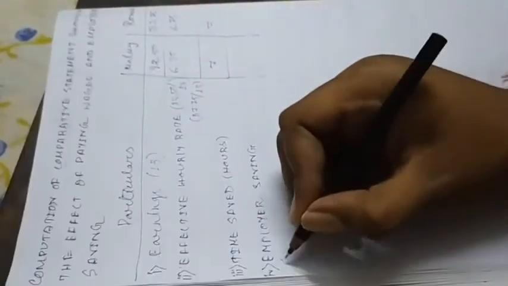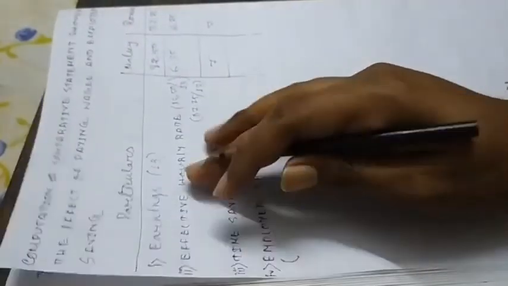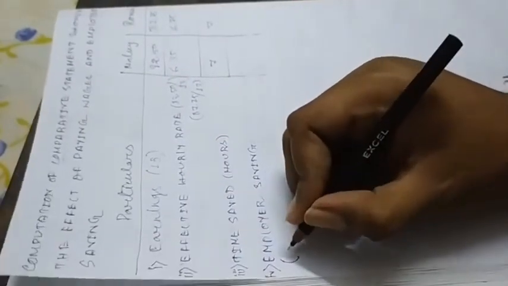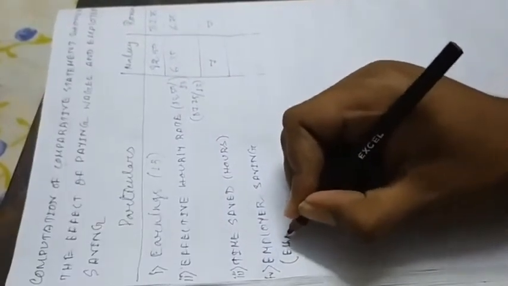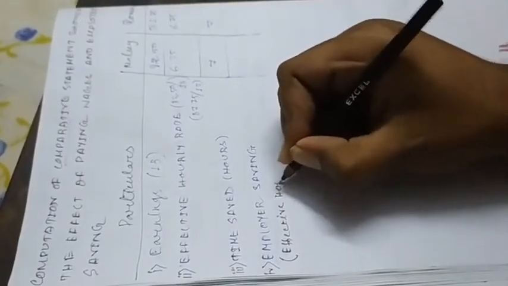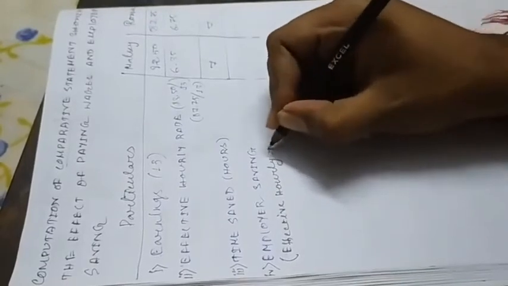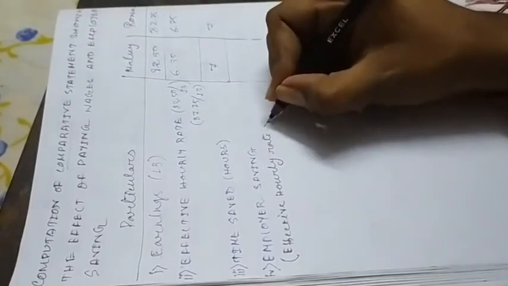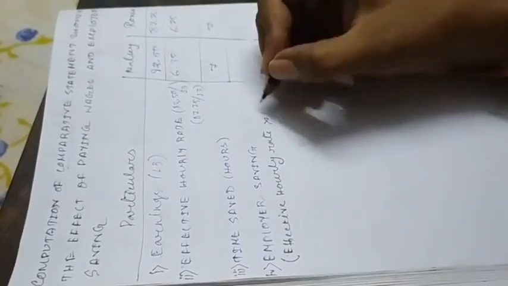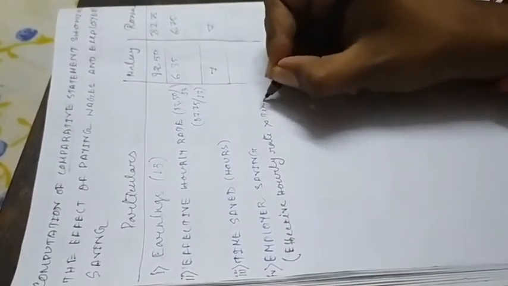In employer saving, this is the formula which I am writing now: effective hourly rate multiplied by time saved.